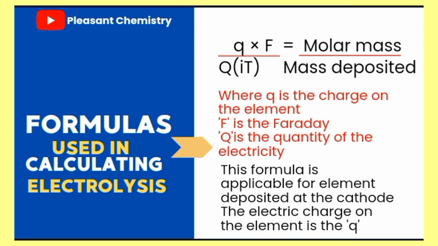All right. So this formula is strictly applicable when we are dealing with metals deposited at the cathode. Most of the time you can easily make use of this formula when you are dealing with metals deposited at the cathode.